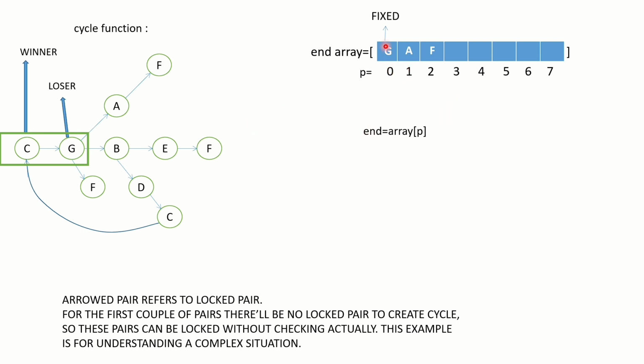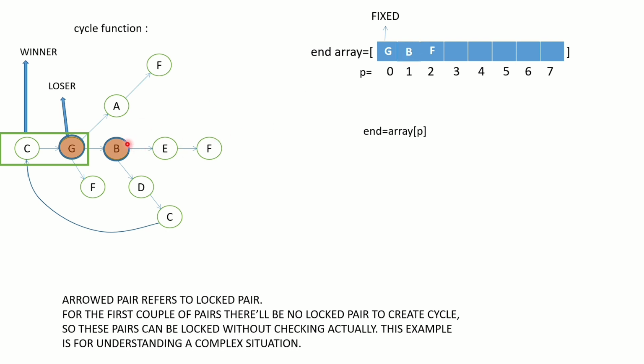So p is actually 0 now. After A, G is winning against B. So locked[G][n] is true, and now we will increase p by 1. So now p is equal to 1, and we have to change the value of array[1] to B.